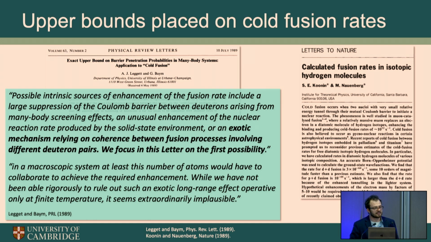Leggett and Baym start off their article by asking the question, can you accelerate cold fusion rates either by a many-body screening effect or some sort of solid-state effect to enhance nuclear cross-sections, or, quote, an exotic mechanism relying on coherence between fusion processes involving different deuteron pairs. And they say, we focus in this letter on the first possibility, that is, many-body screening effects.